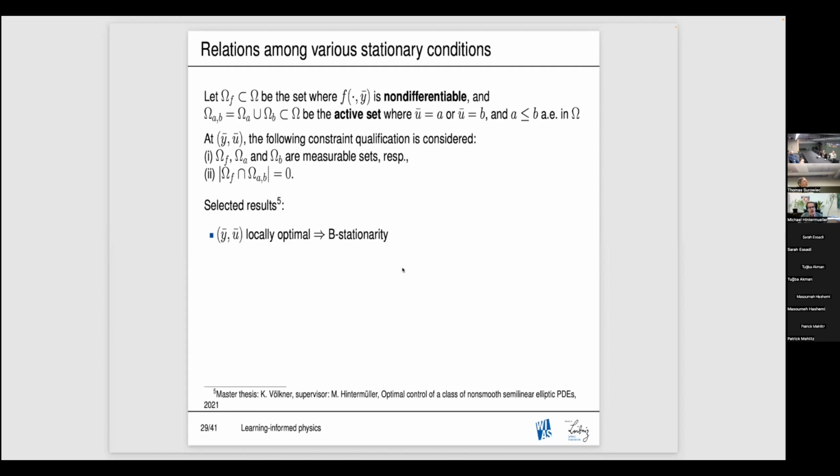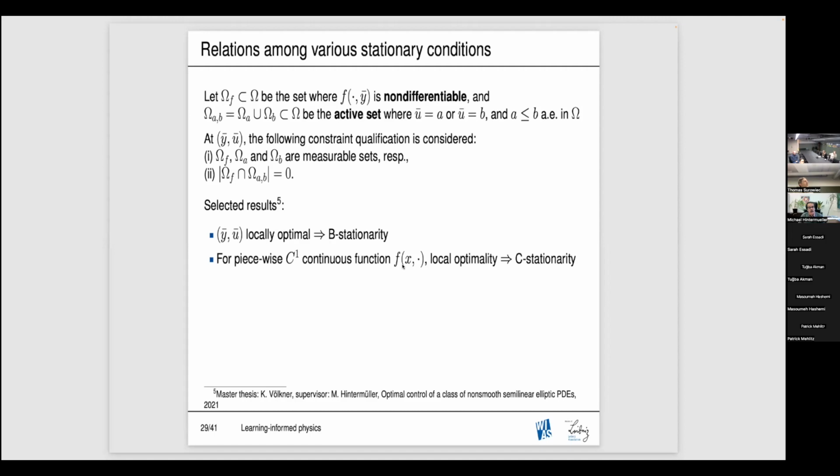And I'll also refer to a constraint qualification, which is the following one: all those sets are assumed to be measurable, plus the intersection of the non-differentiabilities of f and the activities of the control with respect to the upper and lower bound has Lebesgue measure 0. Then we can show the following results. If you're locally optimal with y bar, u bar, you have B stationarity under the assumption that f has properties.